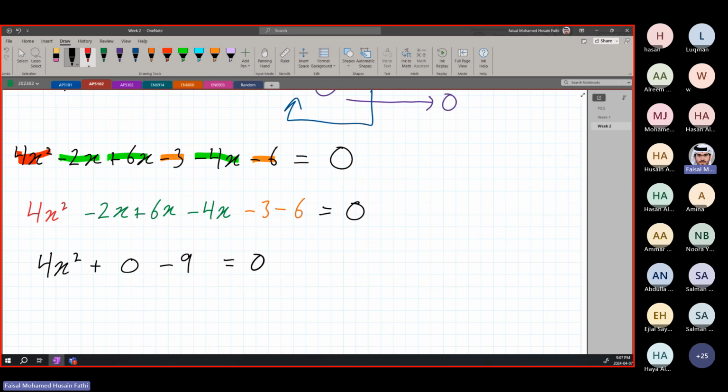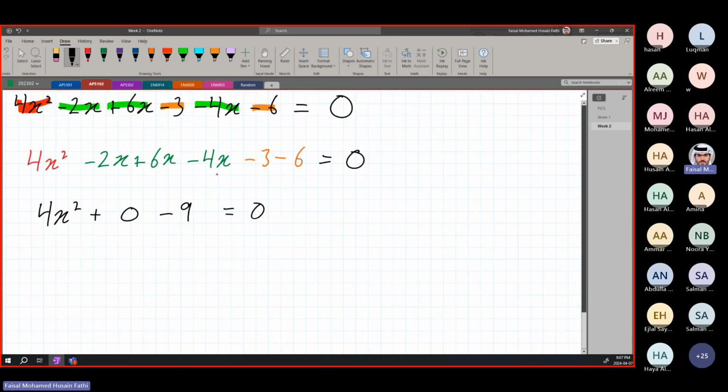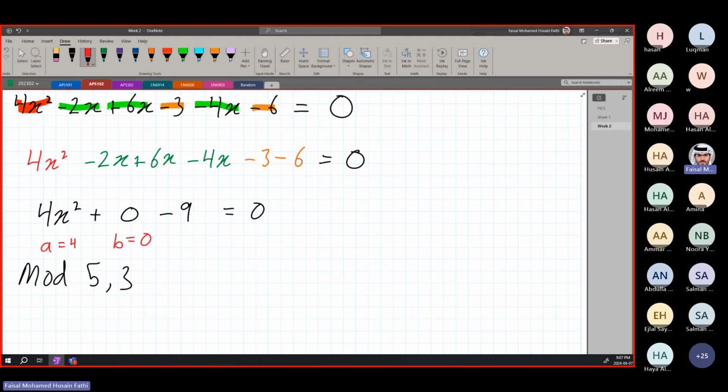So in other words, this is 4x squared plus or minus 9, but I'm not going to write it in that way right now. Why? Because if you want to use mode 5.3 here, we have the a value, our a is equal to 4, our b is equal to 0, and our c is equal to minus 9.